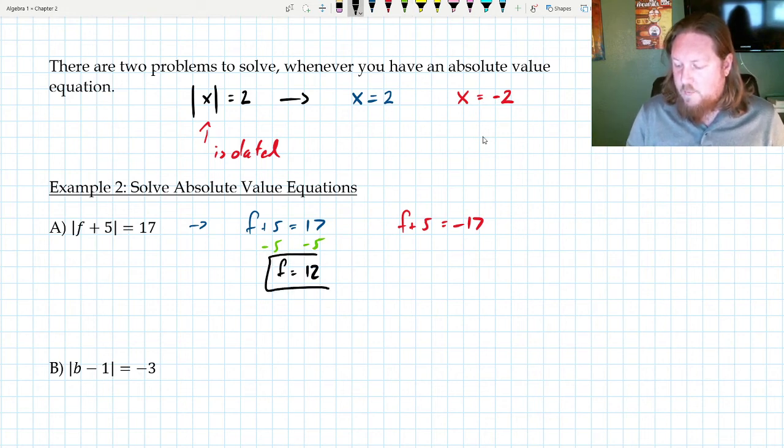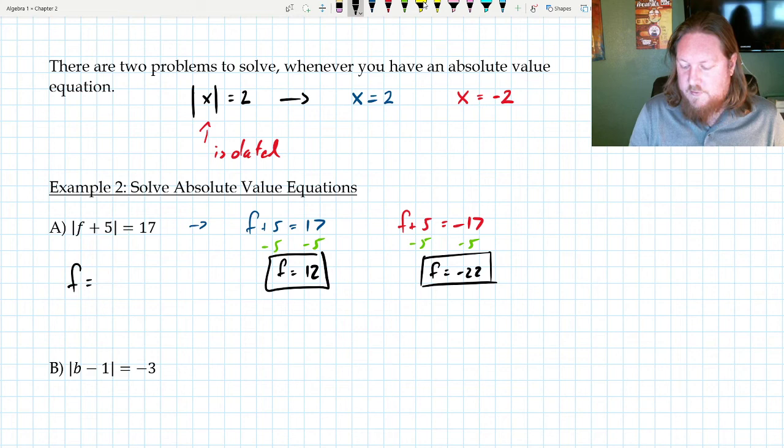So f can equal 12, or f can equal negative 22. Now, one way you might see this answer also written is f equals the set negative 22 and 12.